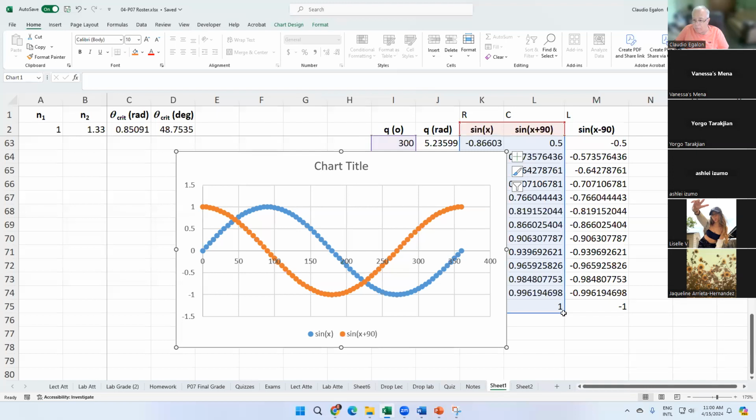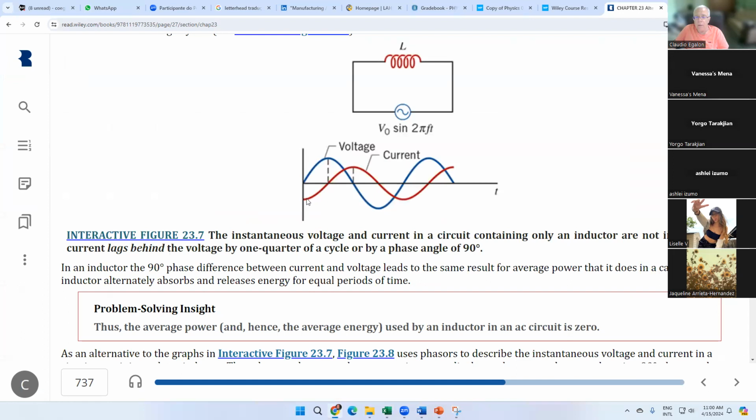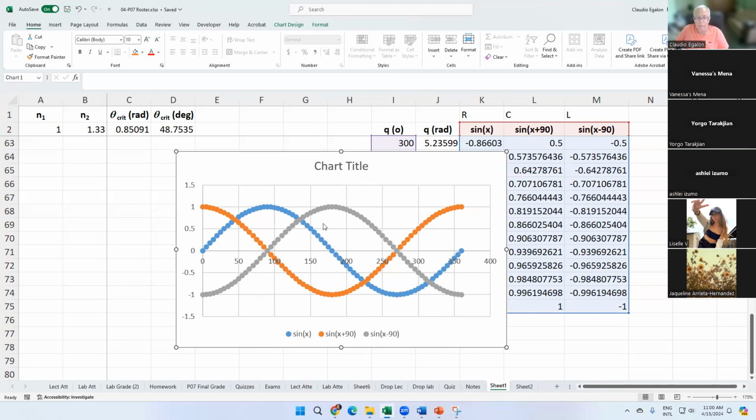And now if we do it for the inductor, we get something like that. That's exactly what we have there in the book. This one is for the inductor. Compare again. Here's the current of the inductor as displayed in the book. That's exactly what I have here.